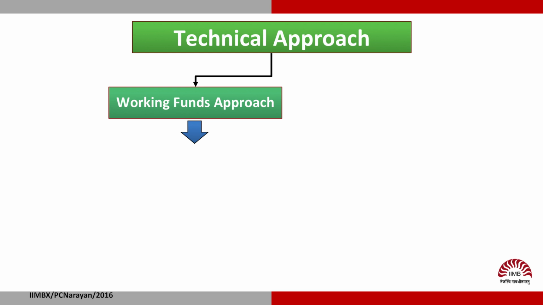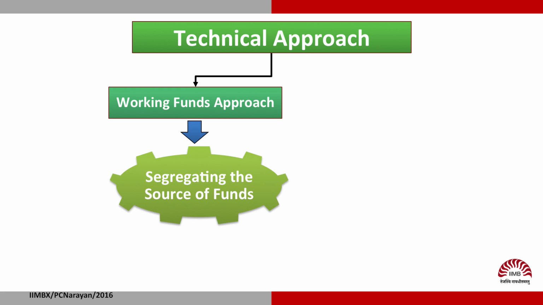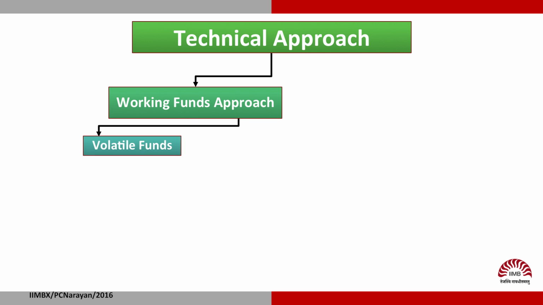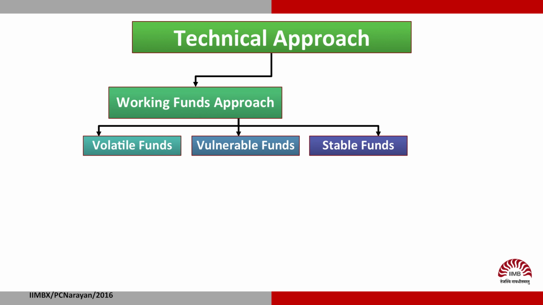First, the working funds approach. This involves segregating the source of funds, that means the liabilities that are coming up for maturity in the near term, into three categories: volatile funds, vulnerable funds, stable funds.